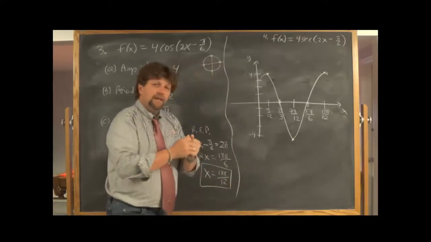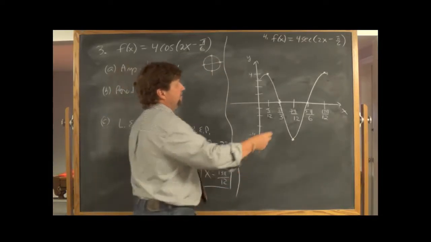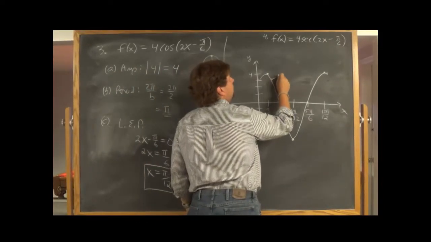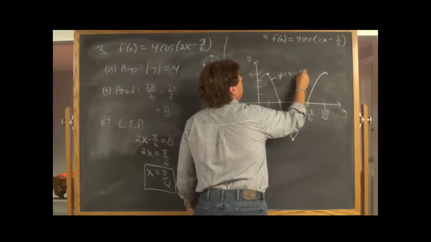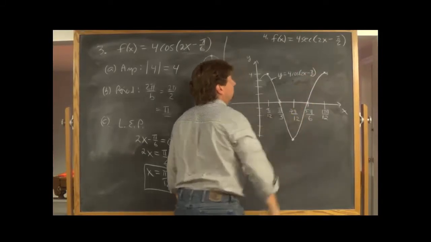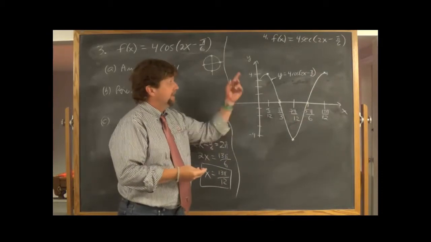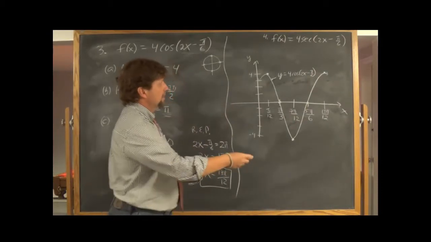So here's the guide. Let me label this graph. This is the graph of y equals 4 cosine 2x minus pi over 6. Here's how we use the graph of that function as a guide to get the graph of 4 secant 2x minus pi over 6.